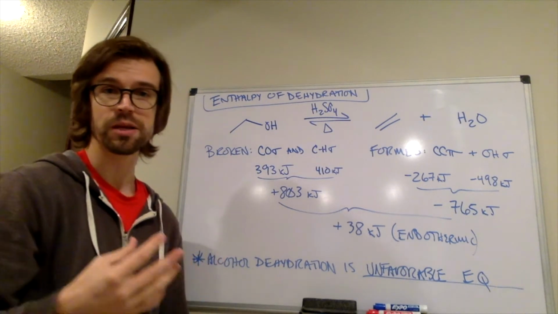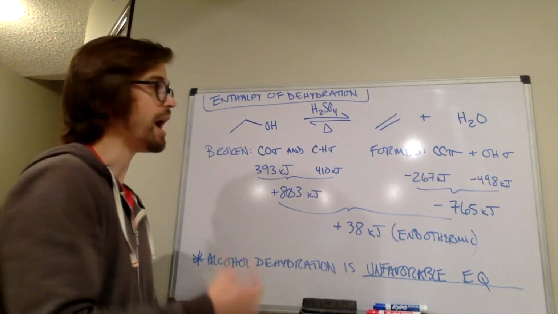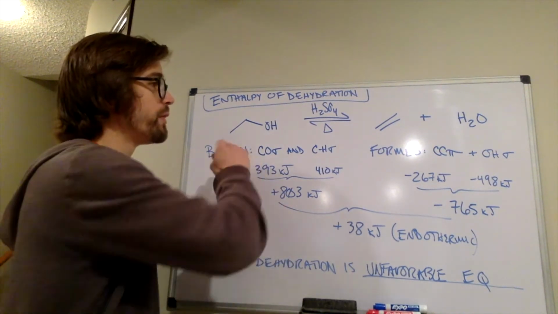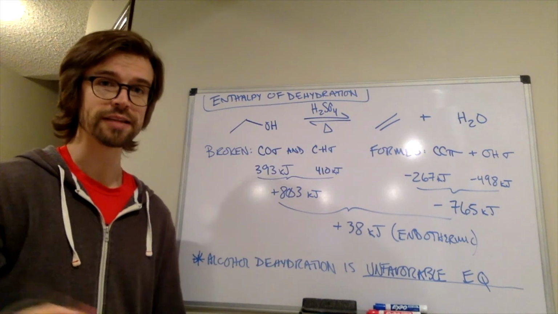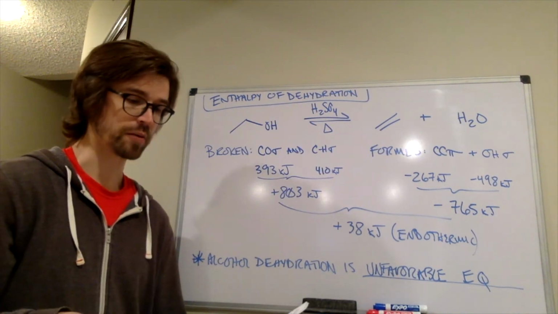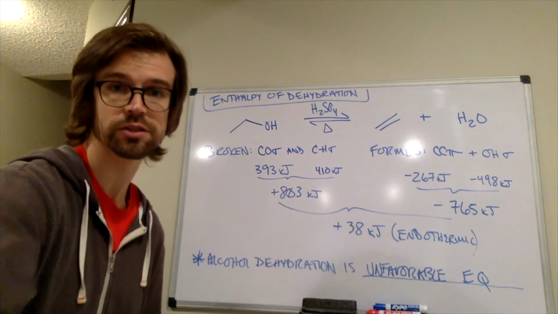And entropy becomes more and more important the higher the temperature of the reaction. So one thing that drives this reaction forward is heat, and then I'm going to rearrange the board and we're going to talk about the second thing that we use to push this reaction in the forward direction.